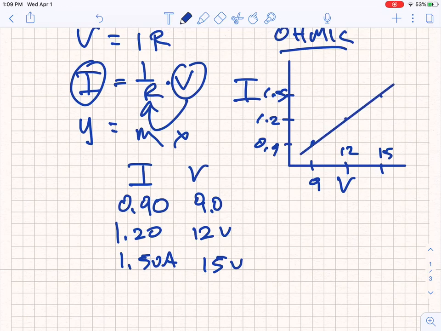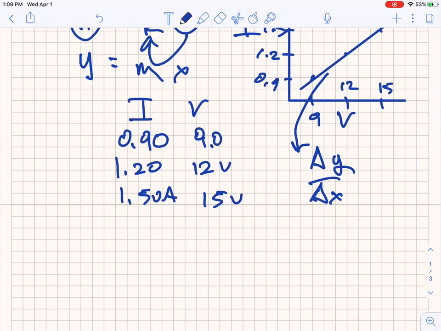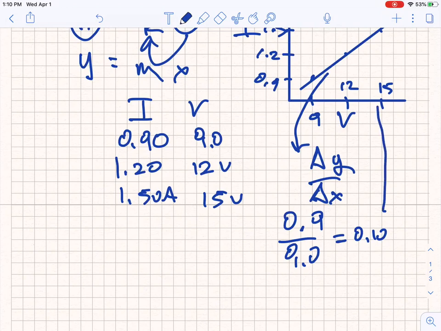Okay, now if we were to find the slope of this line, change in y over change in x-axis, right? So in this case, picking a couple points, we have 0.9 divided by 9, and you get 0.1, which is the slope of the line.